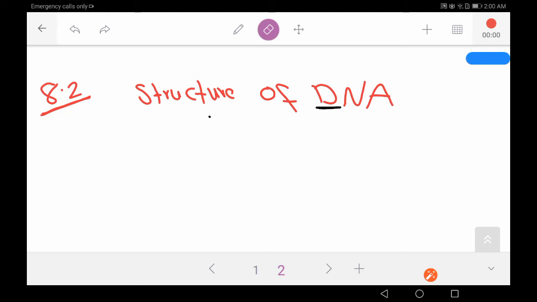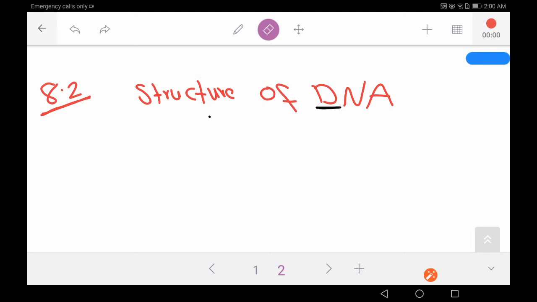He did some experiments, and he changed that thought among the scientists, okay, about the structure of DNA, about the four bases. He found that the same four bases, adenine, thymine, guanine, and cytosine, are found in the DNA of all organisms, but the proportion of these bases differs from one organism to another organism.